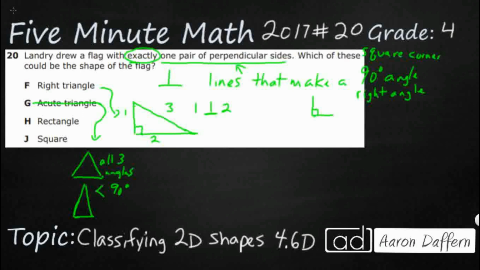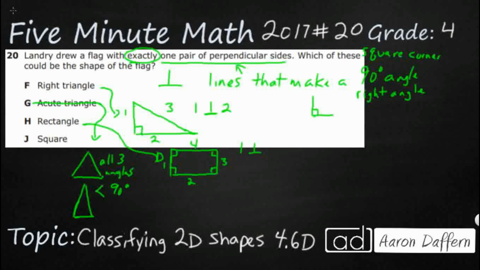So we know what a rectangle and a square look like. So let me put my rectangle right here. We'll kind of do that same thing to where I will label the sides 1, 2, 3, and 4. And look at, we've got all four of these are square corners. They all have 90 degrees. There's actually four angles, and they're all right.